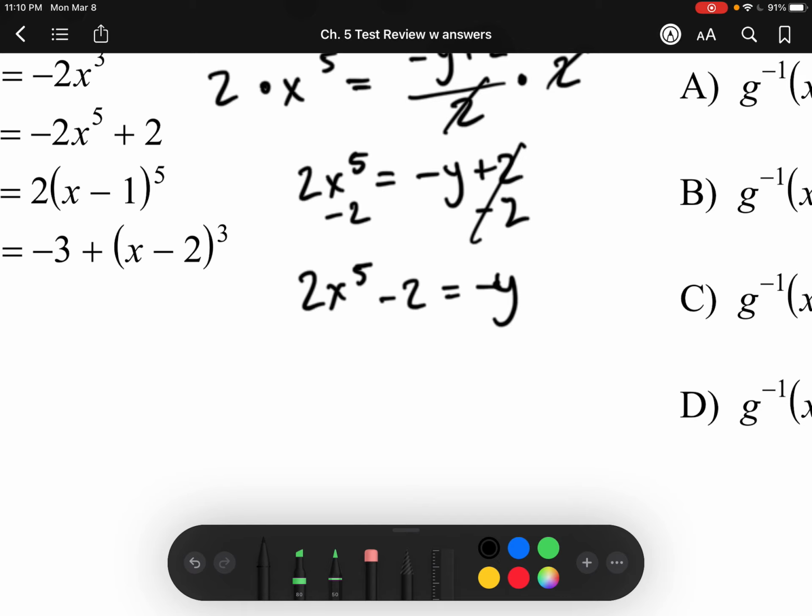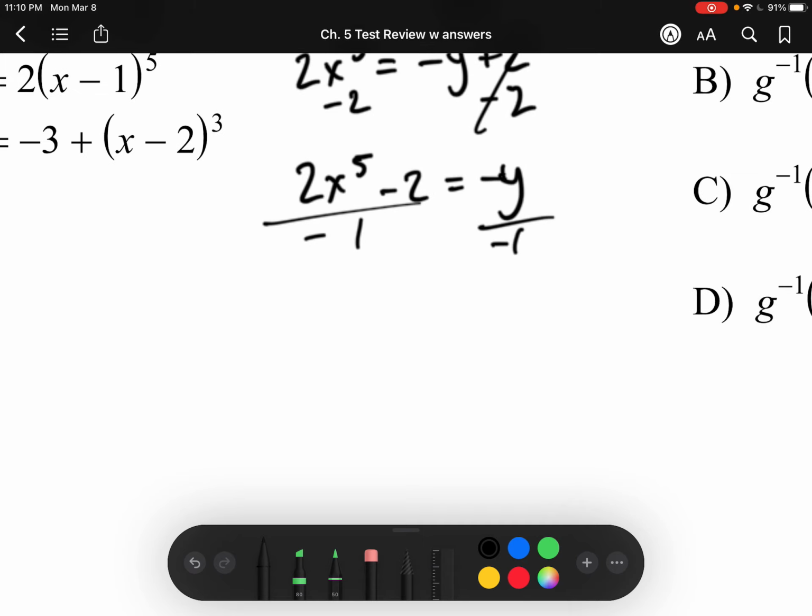And the final step is to get rid of this negative sign in front of y. We're going to do that by dividing both sides by negative 1. So dividing both sides by negative 1 is just going to change the signs, right? So 2x to the 5th power becomes negative 2x to the 5th power, minus 2 becomes plus 2, is equal to negative y becomes positive y.